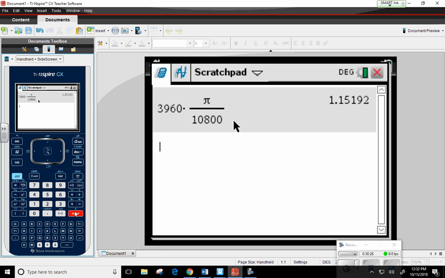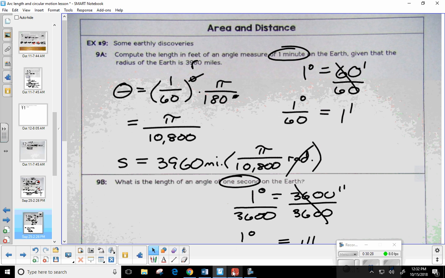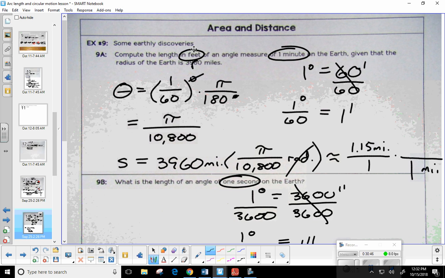But now are we missing anything? It wants it in feet, right? So I'm going to write this out, 1.15 miles. Now think about our conversion last week. If I want to get rid of the miles, where would you have to be? At the bottom. So in 1 mile, how many feet are there? 5,280 feet.